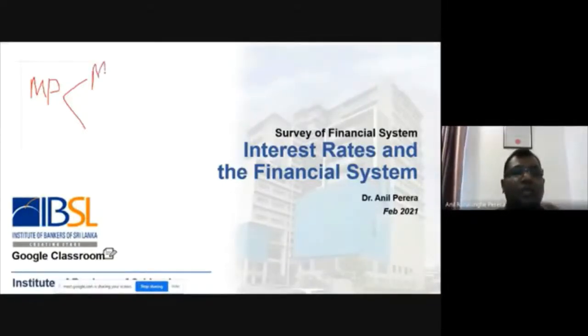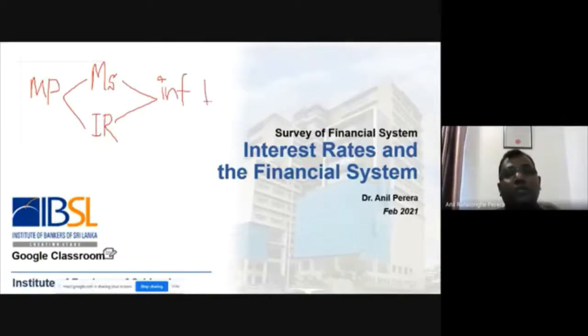So the central bank controls the availability of money, that is MS, money supply, and also controls the cost of money, that is interest rates. Both are done in order to keep inflation low and steady. That is the reason.